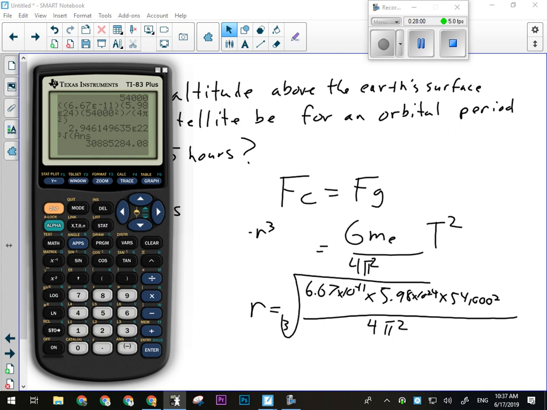So there's my orbital radius. I'm not done yet. That's how far it is from the center of the Earth. So I'm going to take that number and subtract the radius of the Earth, 6.37 times 10 to the 6. All right, so that leaves me with 2.5 times 10 to the 7 meters.